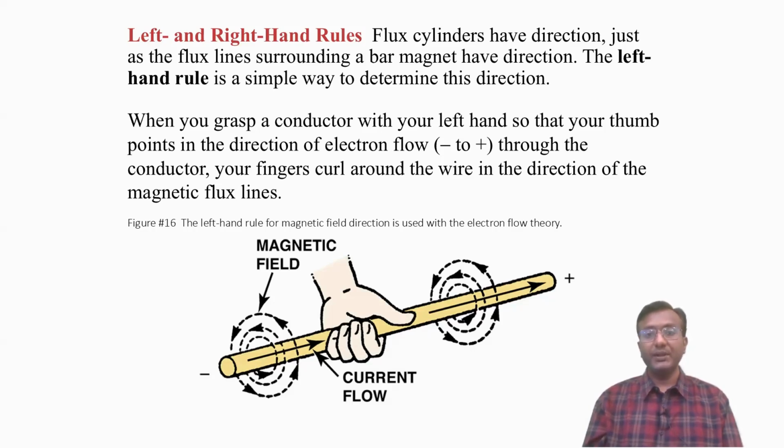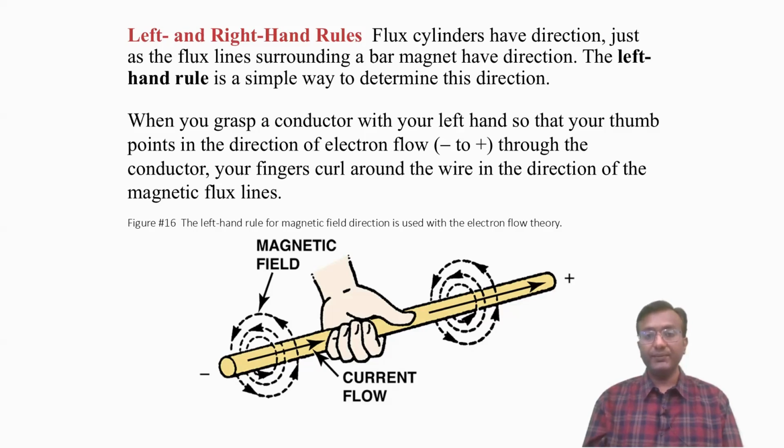If you grasp a conductor with your left hand, with your thumb pointing in the direction of electron flow, that is from negative to positive, your fingers curl around the wire in the direction of the magnetic flux lines.